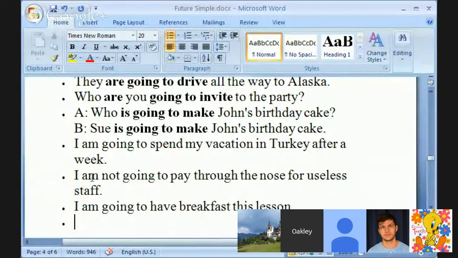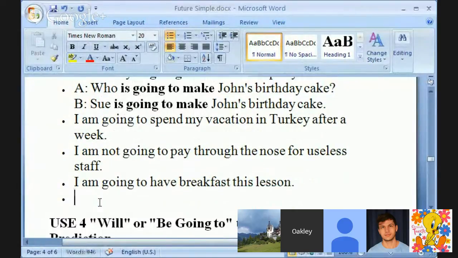Not world-shattering, but yes, a plan. Can I say I gonna to have breakfast after this lesson? I'm going to have breakfast after these lessons. Oh, yeah. I forgot after. That was my mistake. Actually, it needs to have after.